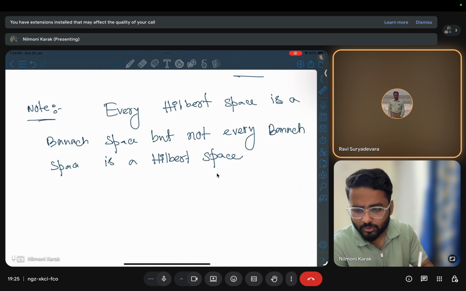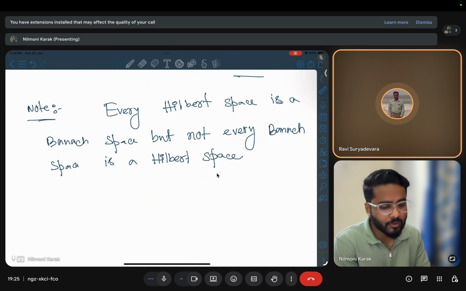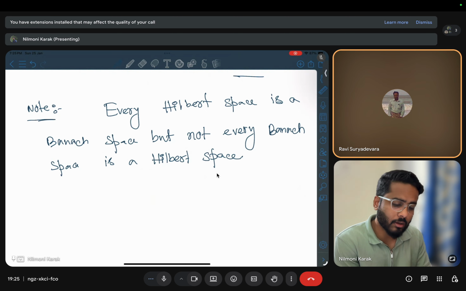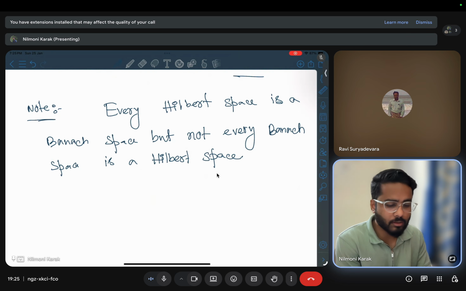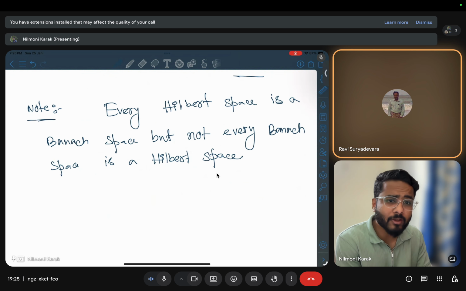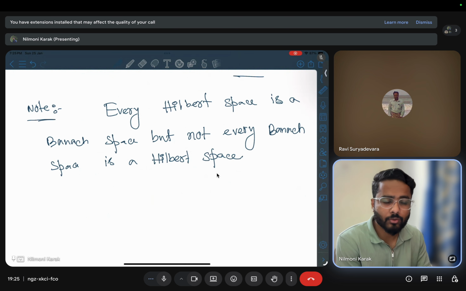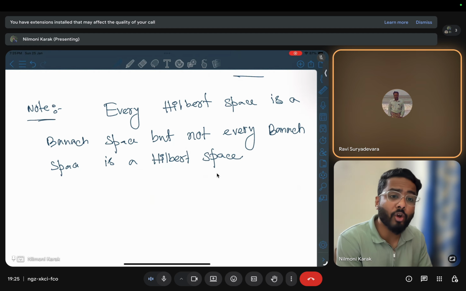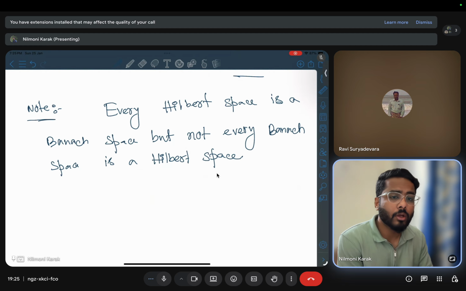That means a Hilbert space is a subset of a Banach space. Can you say that? Yes, a Hilbert space is more specific. A Banach space is any complete normed linear space, but for a Hilbert space you need a specific norm which comes from an inner product.